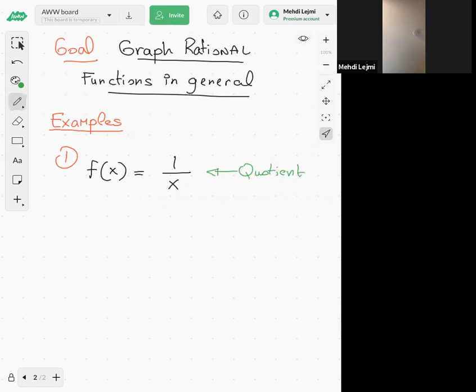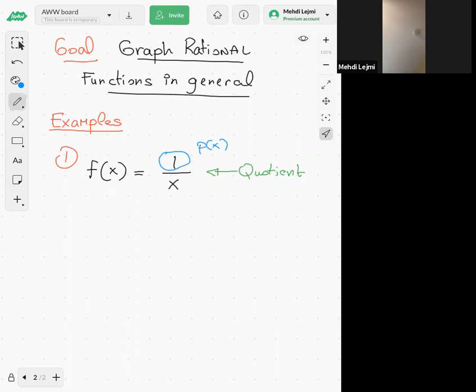Now, the top. Is the top a polynomial? Well, the top is just 1. Is 1 a polynomial? This is a p of x. What's the degree of the polynomial 1? What's the highest power of x for p of x equal to 1? Well, there's no x.